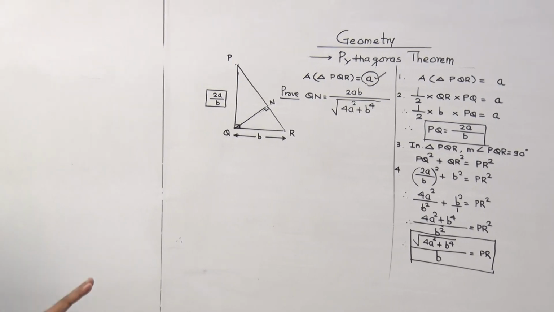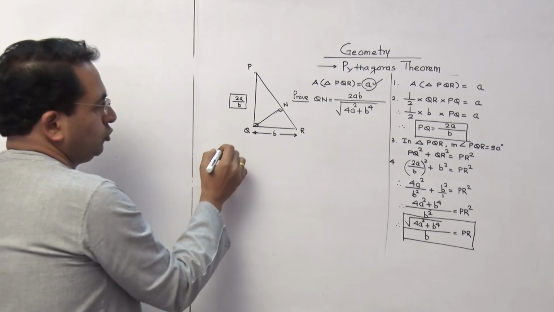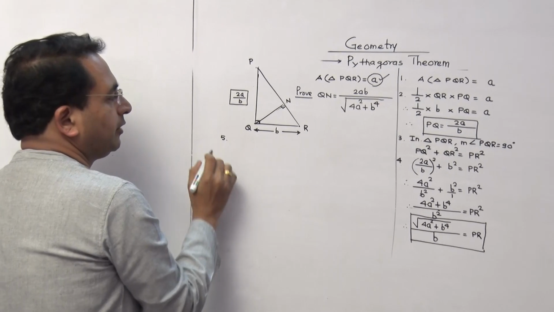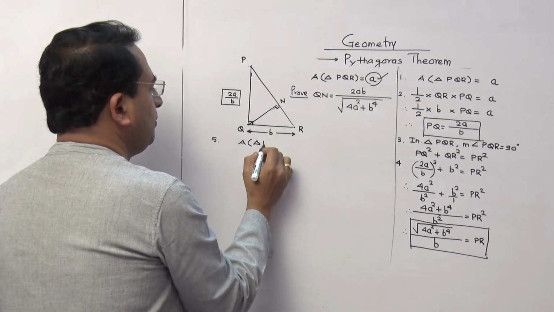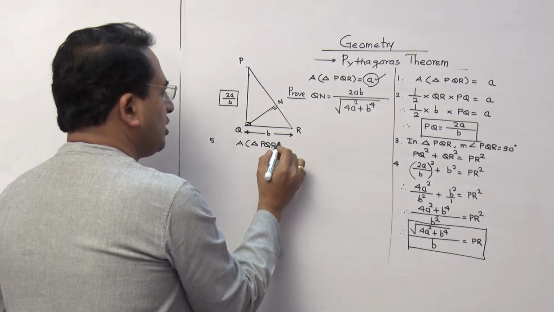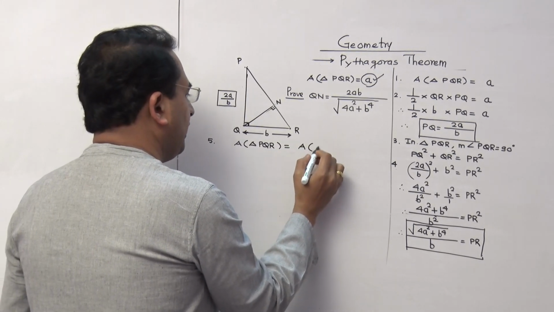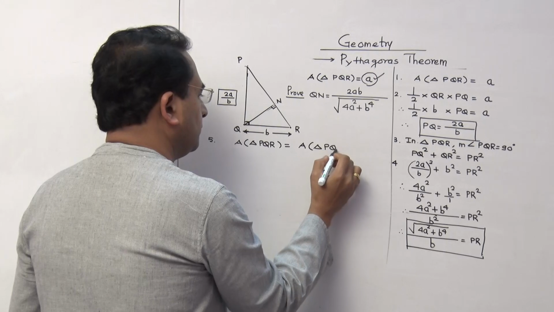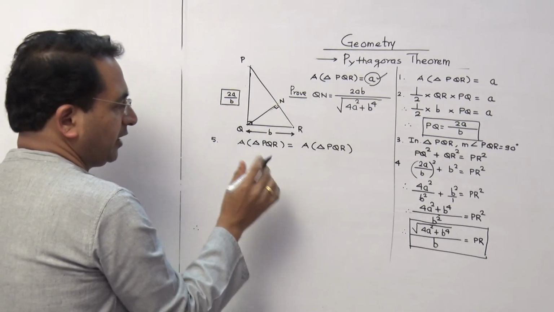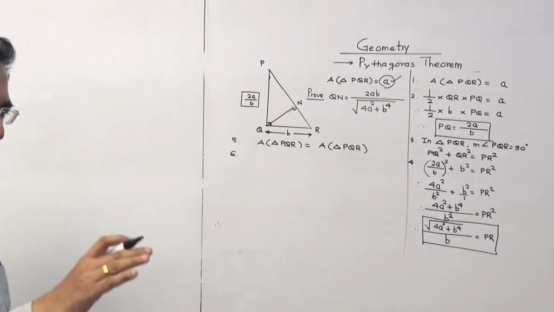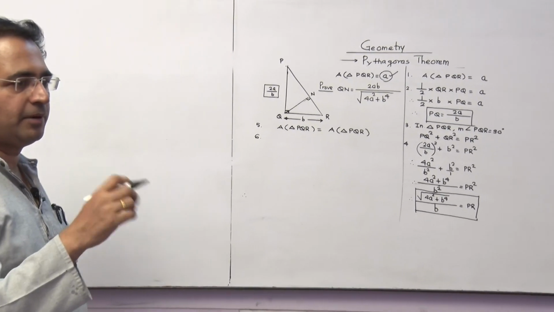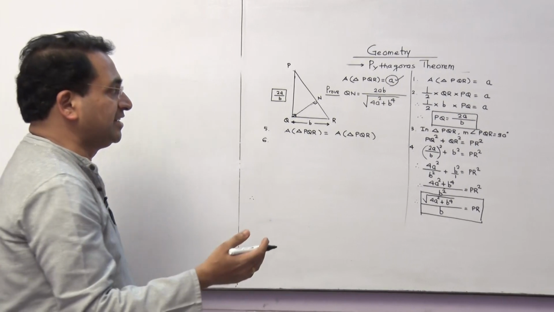Now there is a simple logic which we are using. Please concentrate on this statement. I am writing here area of triangle PQR is equal to, again I write area of triangle PQR. It looks funny, but there is some standardization here. Area of a triangle can be calculated by considering different bases.